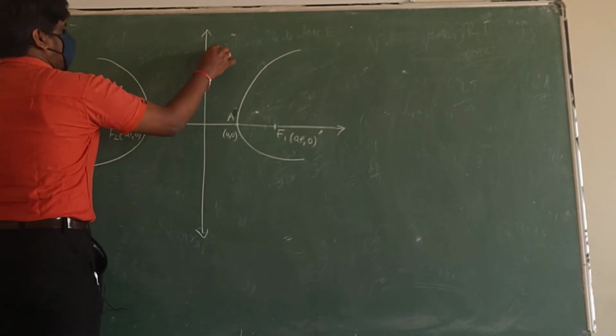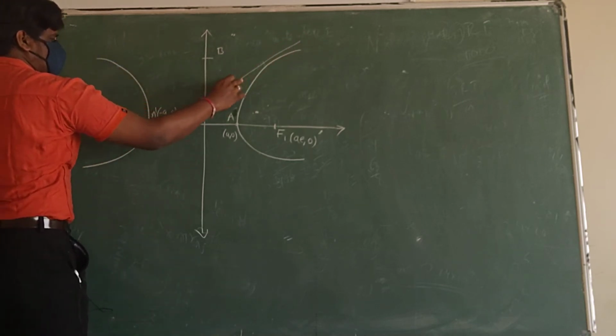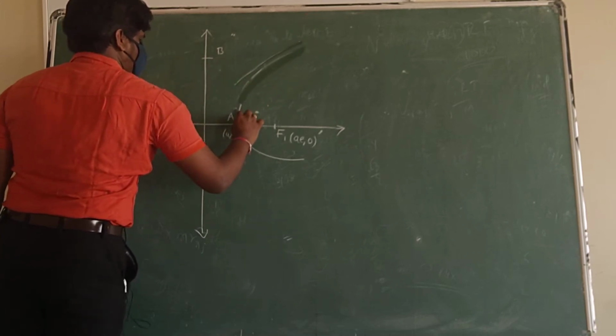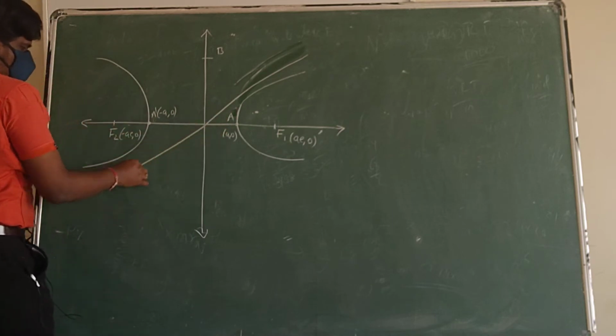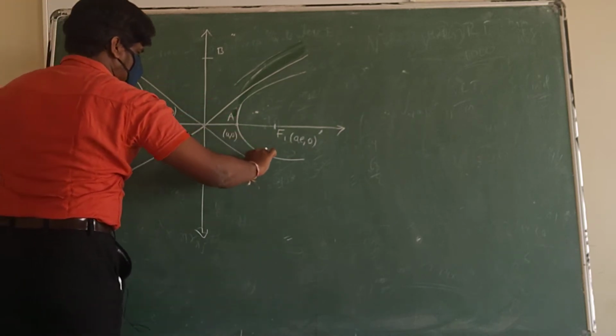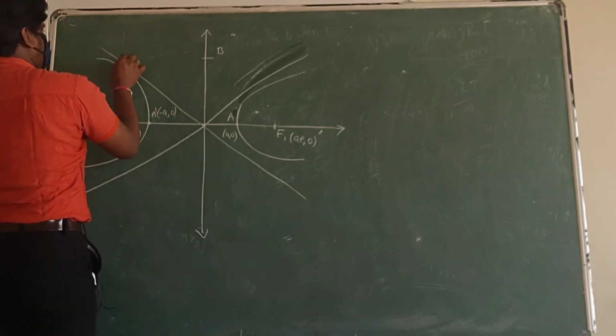Okay, this point is B. How do you get this one? You will have asymptotes like this, passing through the origin. The intersection point of the asymptotes is the center.